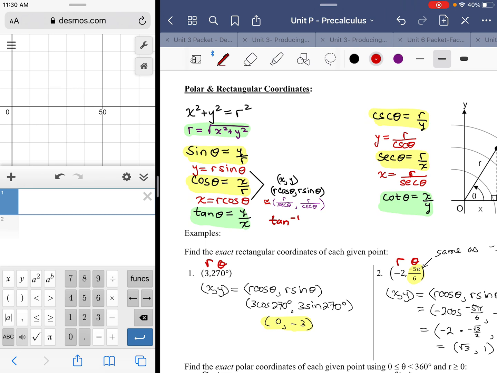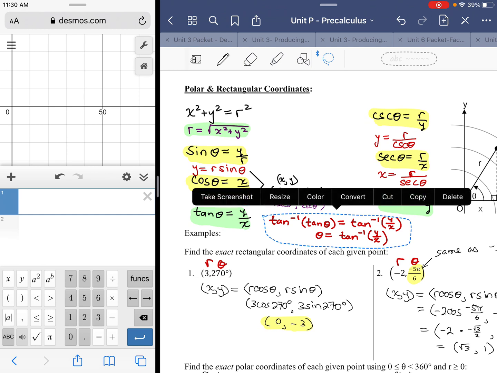So the inverse tangent of the tangent of theta would be equal to the inverse tangent of y over x. A function of its inverse cancels to the argument, and we're left with just theta equal to the inverse tangent of y over x.